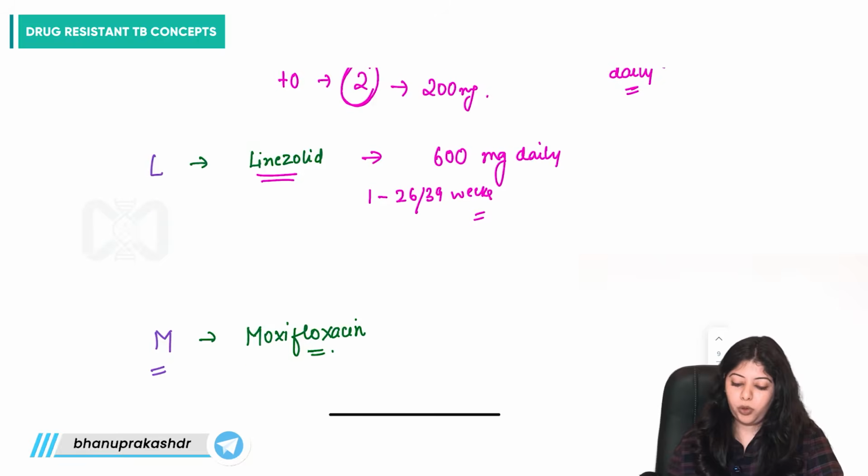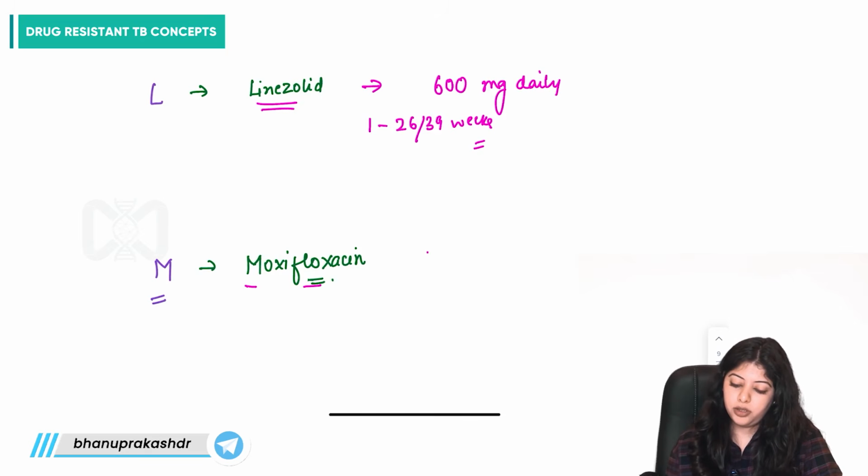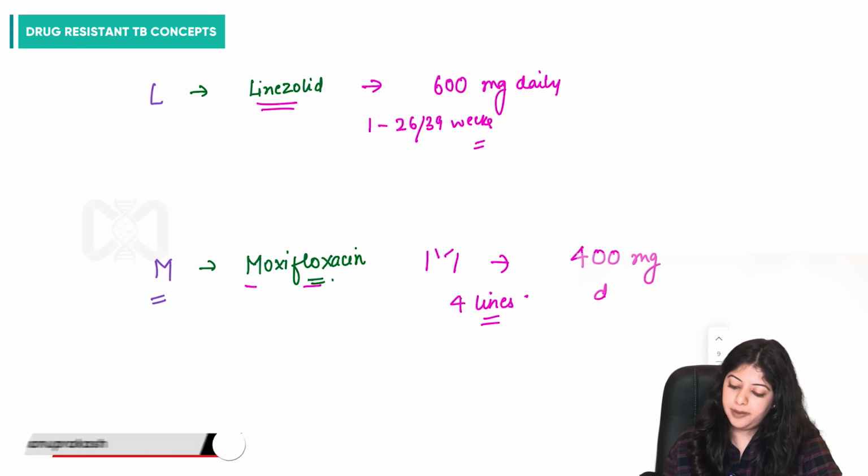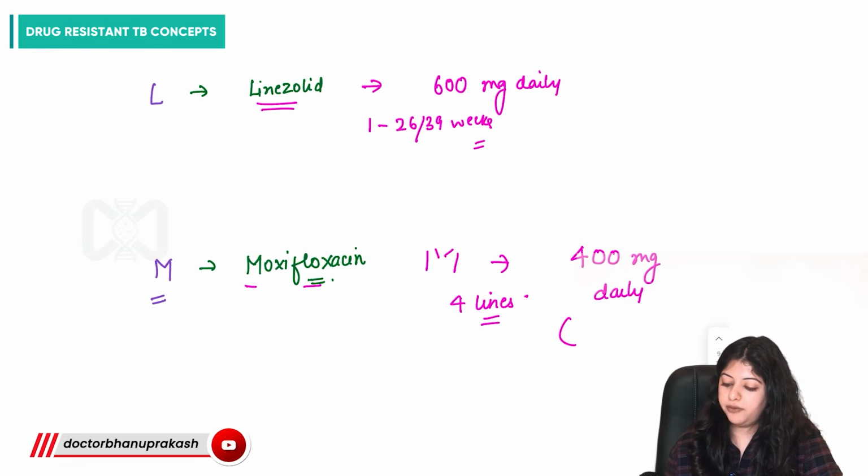To remember the moxifloxacin dosage, divide M into 4 lines. It is given as a dosage of 400 mg daily, again the same for 1 to 26 or 39 weeks.